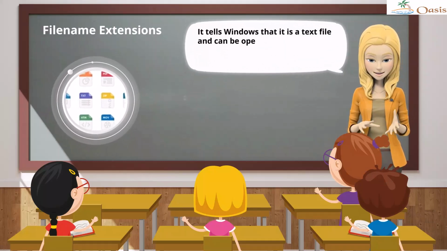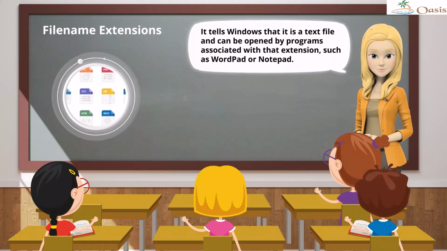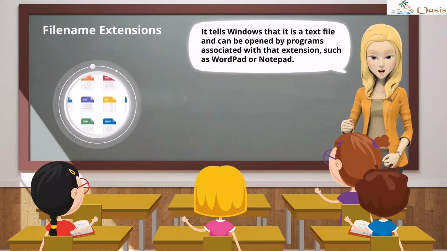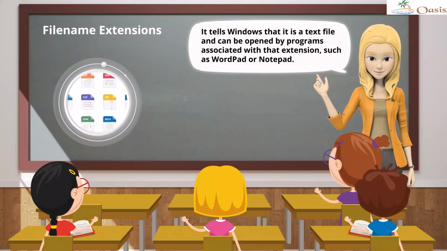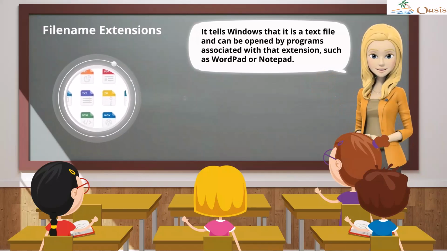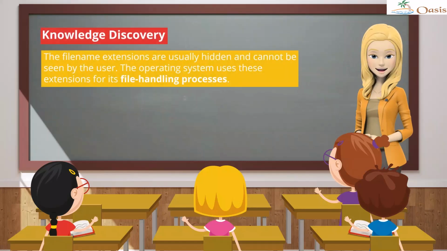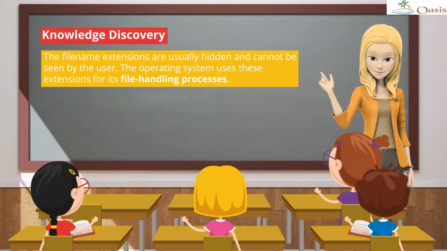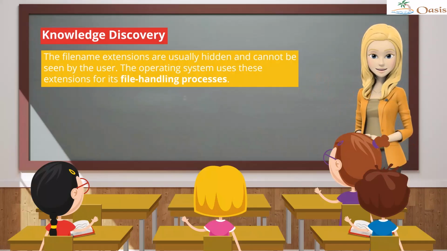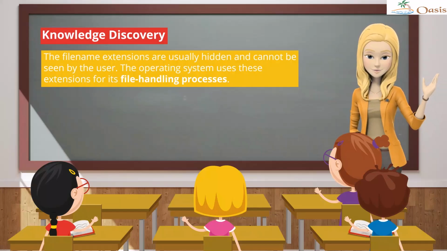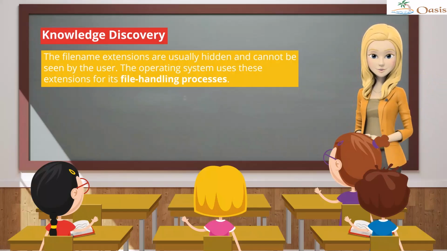It tells Windows that it is a text file and can be opened by programs associated with that extension, such as WordPad or Notepad. Knowledge discovery. The file name extensions are usually hidden and cannot be seen by the user. The operating system uses these extensions for its file handling processes.